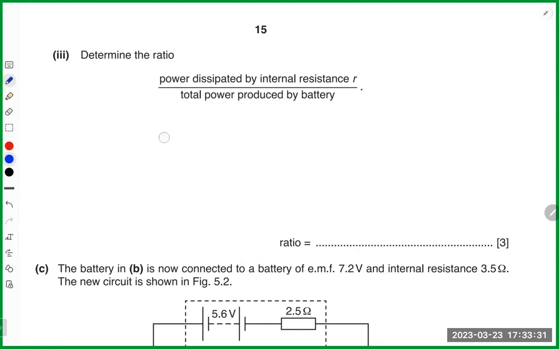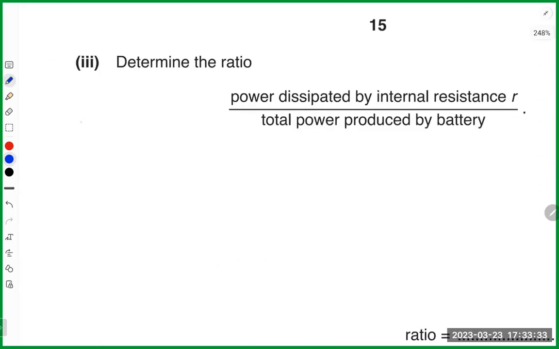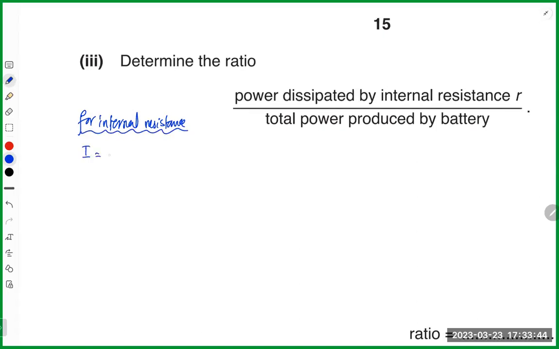So for internal resistance, I equals 0.32 ampere, R equals 2.5 ohm. Can I find V, lost volts? That will be 0.32 multiplied by 2.5. So 0.32 and 0.32, 0.64 plus 0.1, so 0.80 volts.